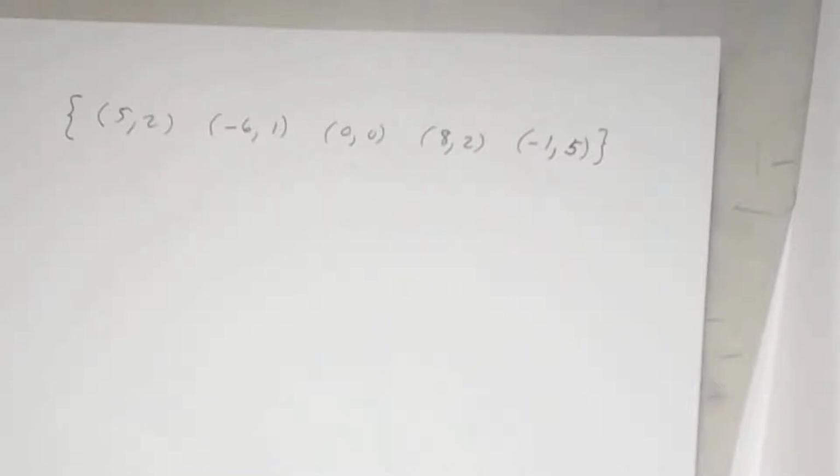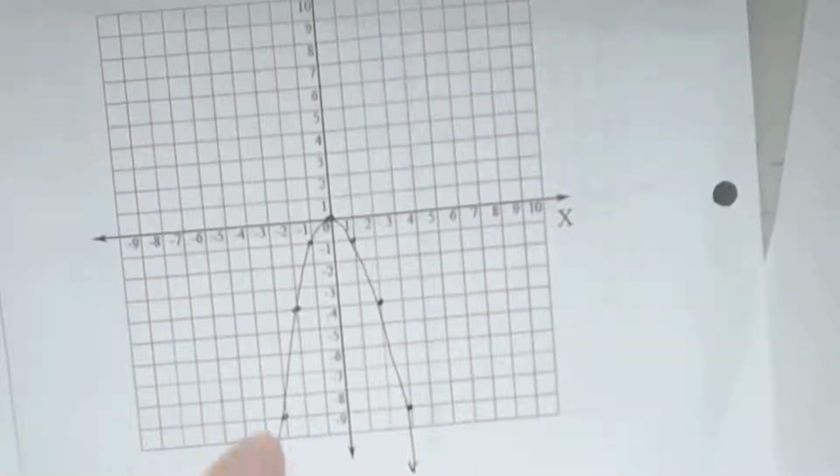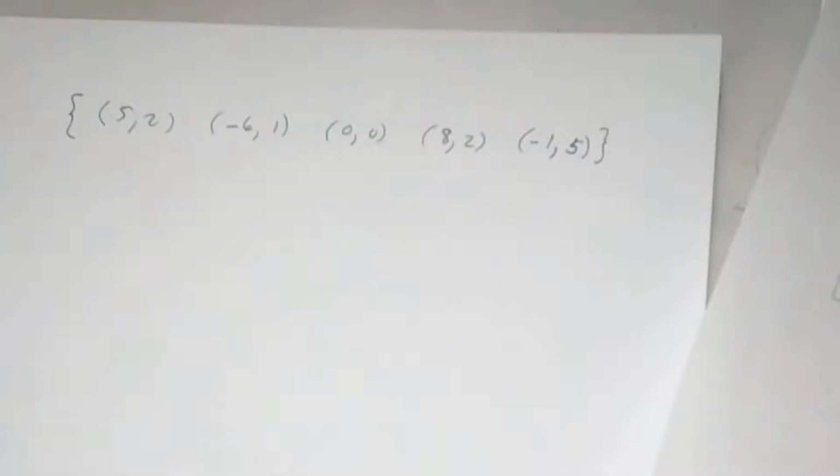Finite meaning I can count. I can count how many there are. There are how many there? 5. So this is a finite set. This is a what? Infinite set. Okay.